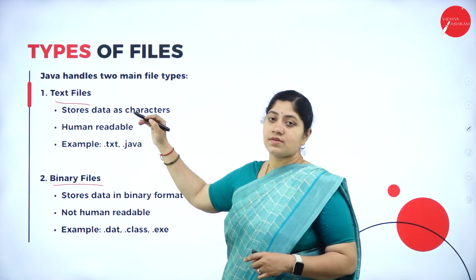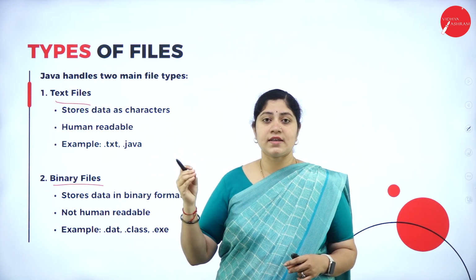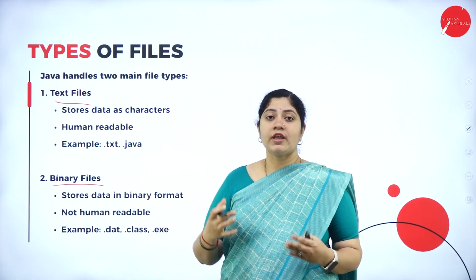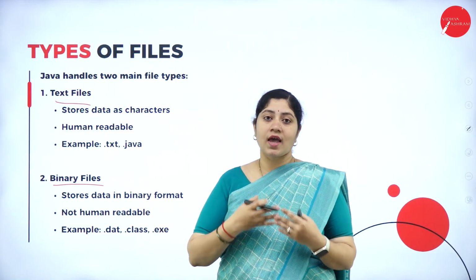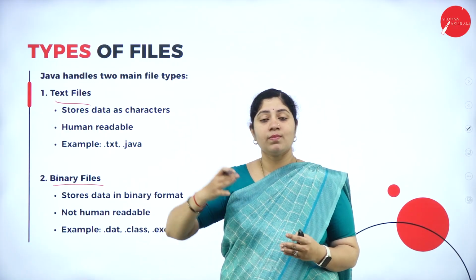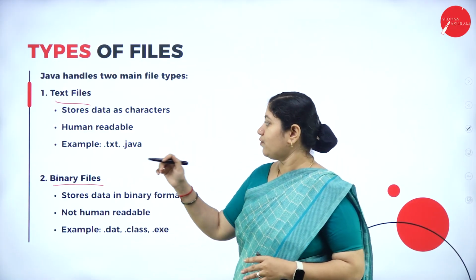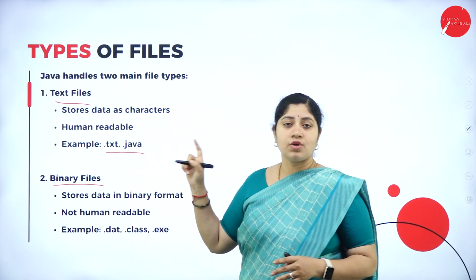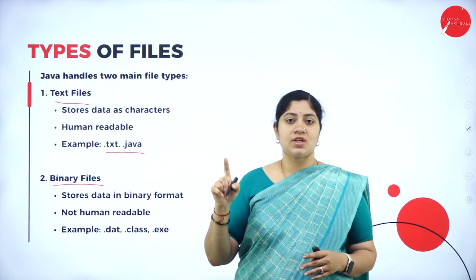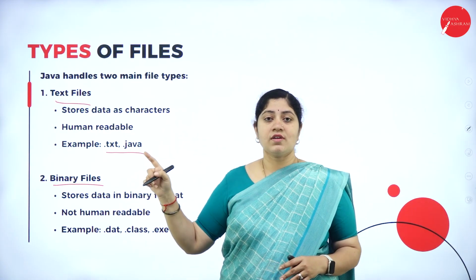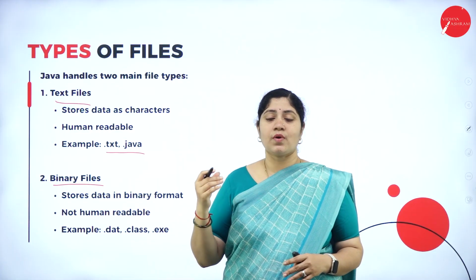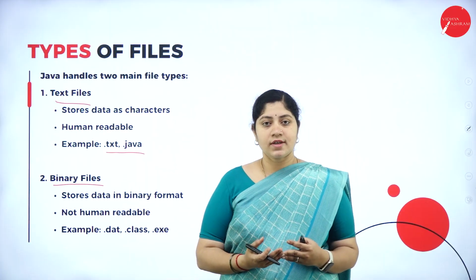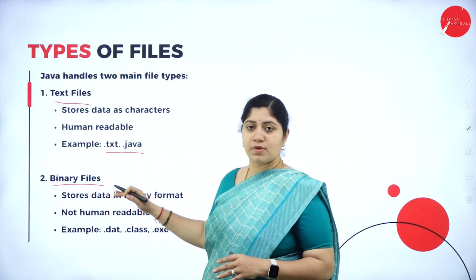Under text files, we can assure that the data is a set of characters, in human readable format. The formats considered under text files are .txt and .java. These files are human readable, or we can also say they are written in characters.